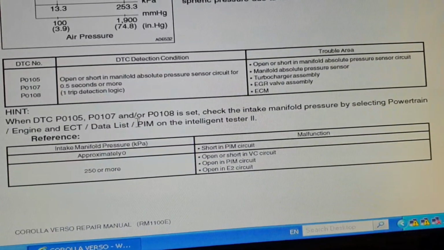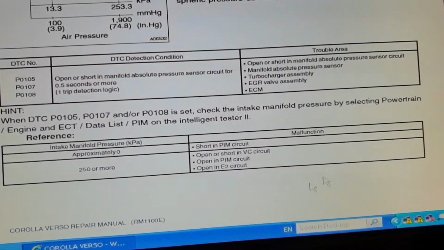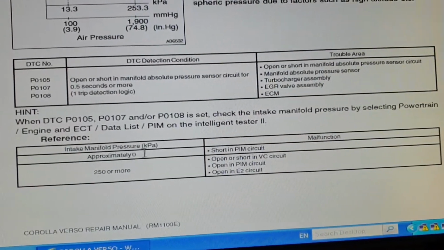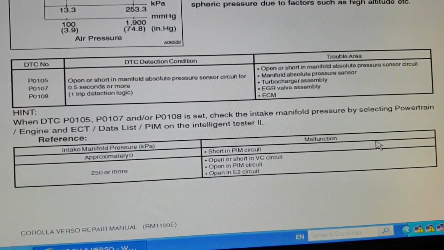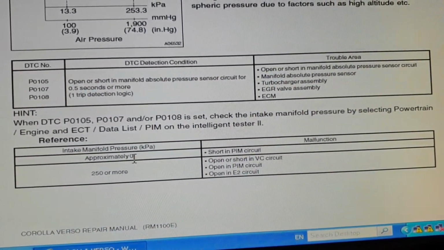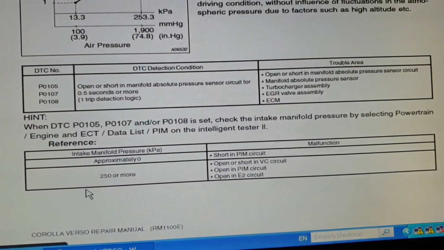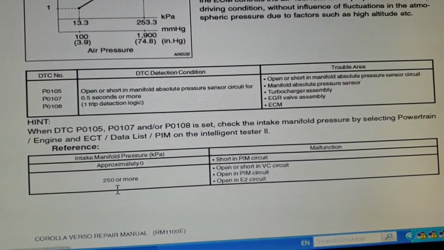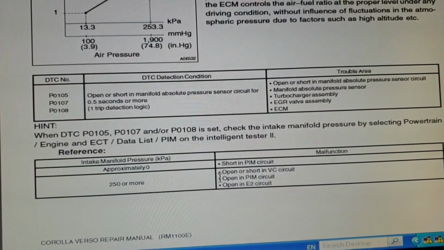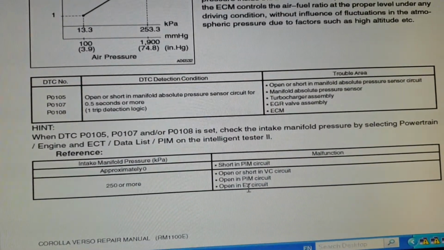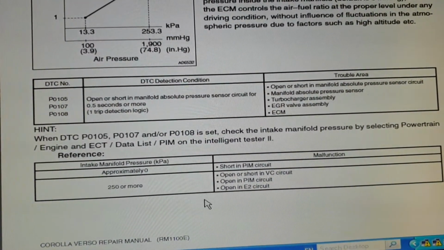So intake manifold pressure kilopascal approximately 0, then 250 or more, short in PIM circuit, open or short in VC circuit, open.